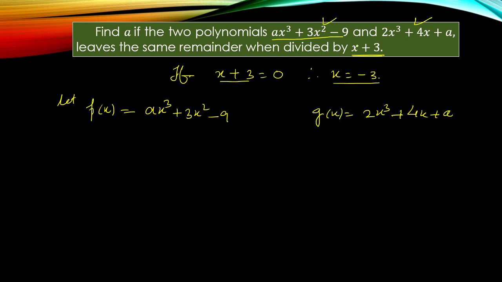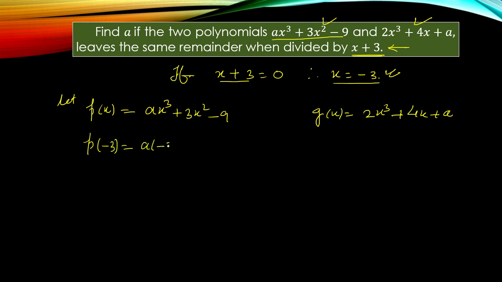Both are divided by x plus 3, so x plus 3 is the common divisor for both, and the 0 of the divisor must be the same for both. So to get the remainder, we are putting minus 3 in the polynomial.